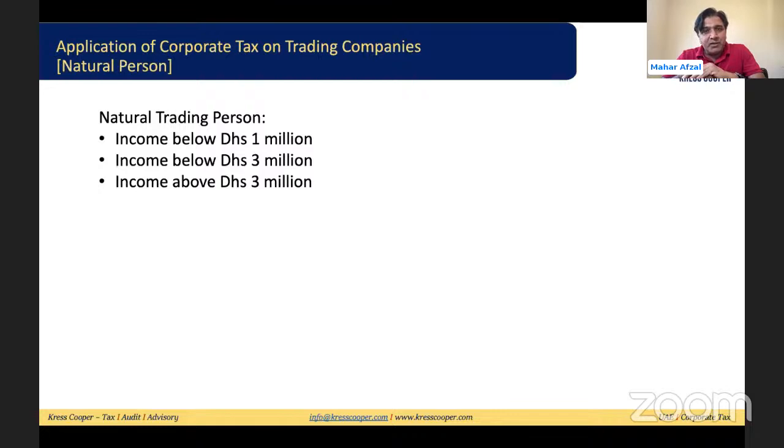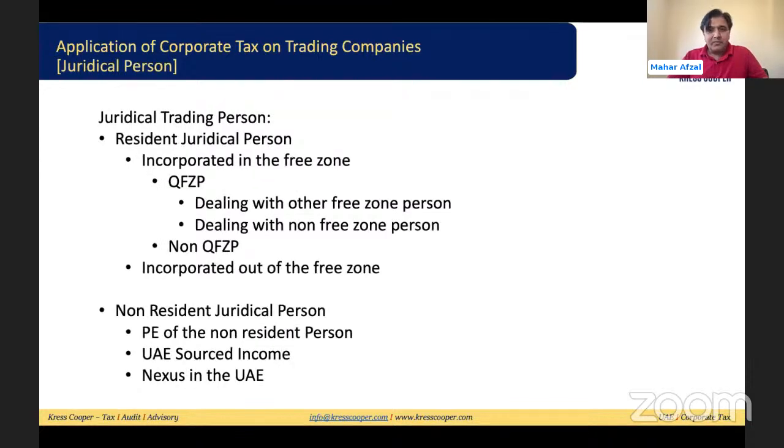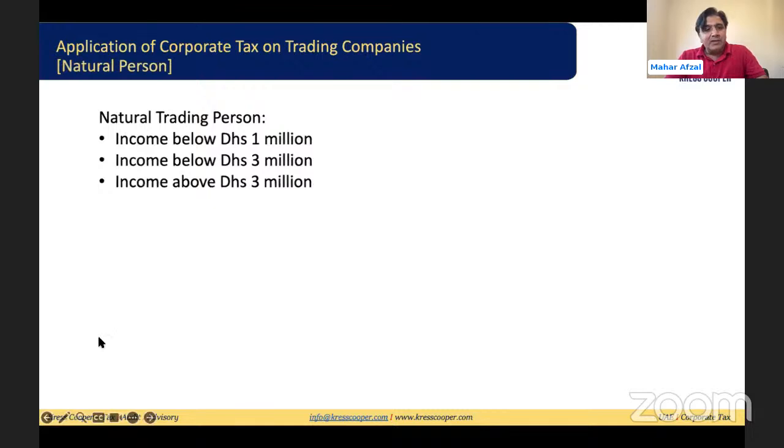So if the natural person is deriving any income other than these three incomes and the income is below 1 million dirham, then the law says natural persons are not liable to register and their income will be considered not subject to corporate tax.